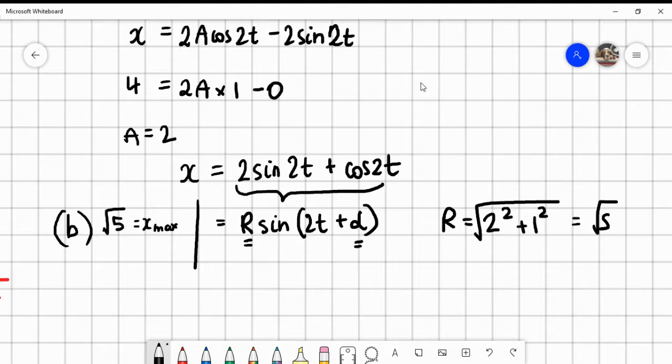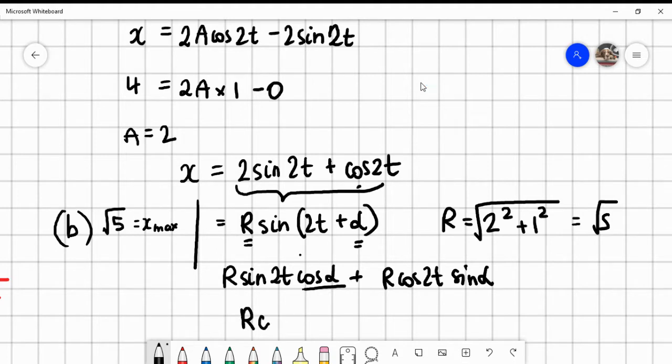So expanding this, r sine 2t cos alpha plus r cos 2t sine alpha, and combining this with the top expression, I could see that r cos alpha is equal to 2, and here r sine alpha is equal to 1.